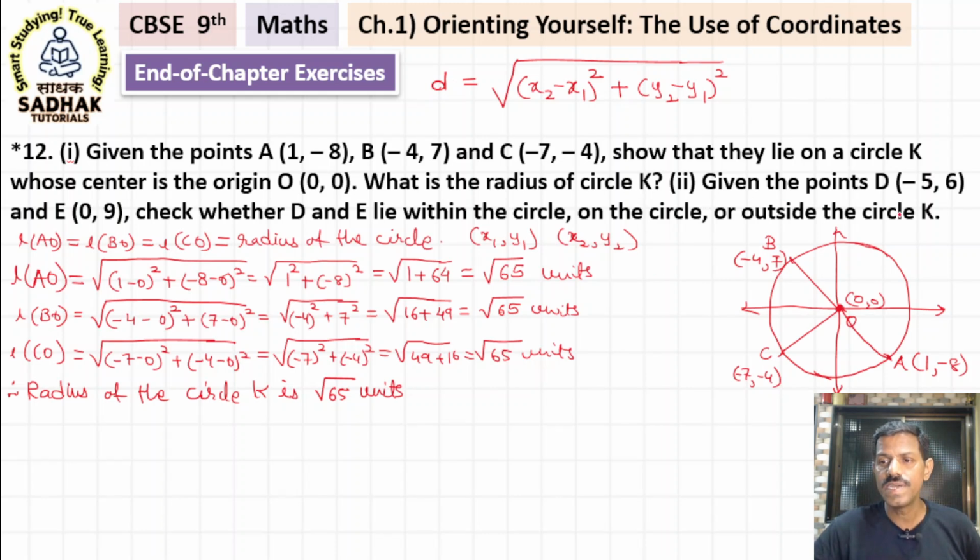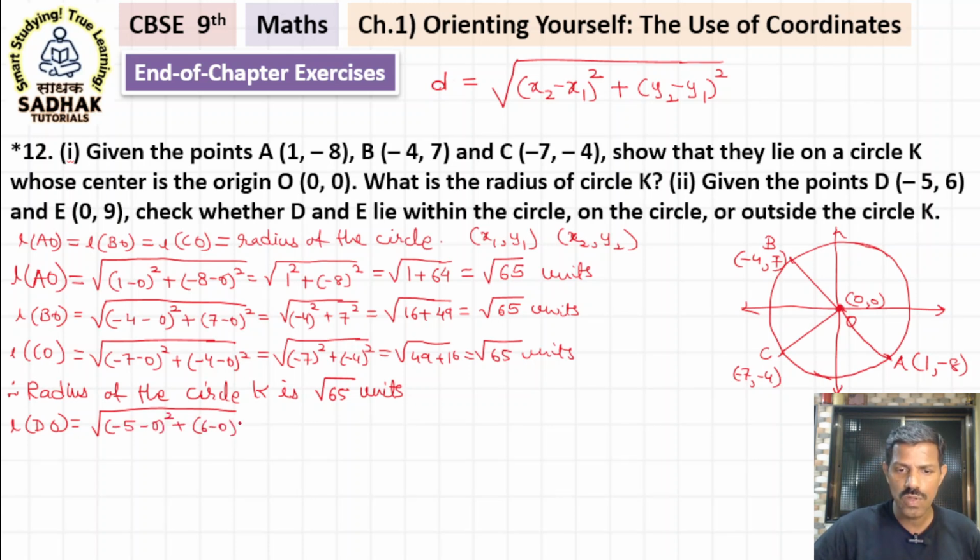Given the points D, that is -5, 6 and E, 0, 9, check whether D and E lie within the circle, on the circle or outside the circle. So for this we have to find the distance of these points from the center. First let us find DO. We are considering the coordinates of point D as x2, y2. So that will give us (-5 minus 0) the whole square plus (6 minus 0) the whole square.